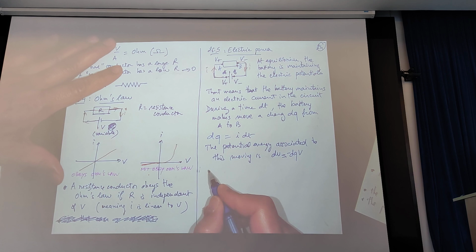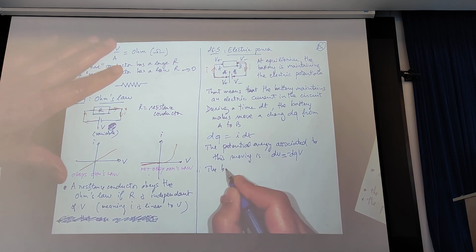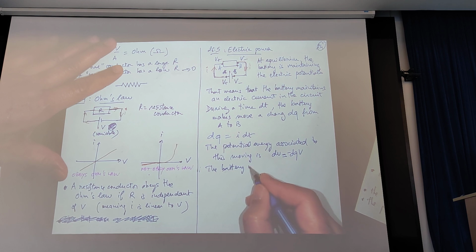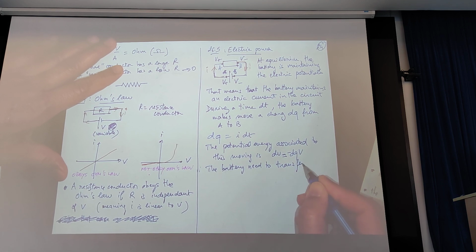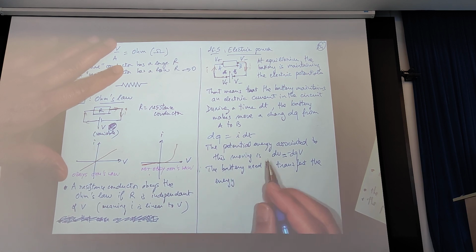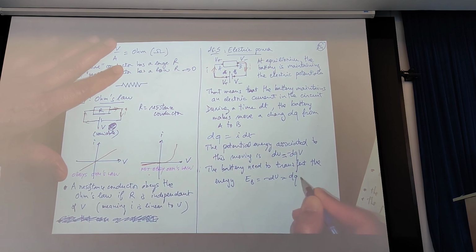So that means that the battery needs to transfer the energy, let's say E battery equal minus dU equal dq V.